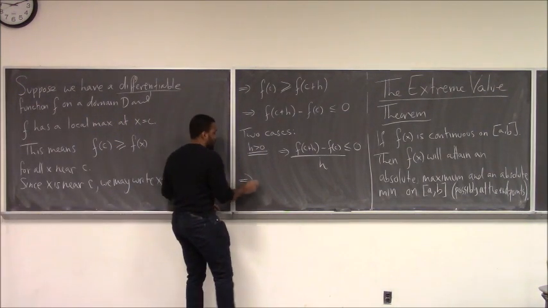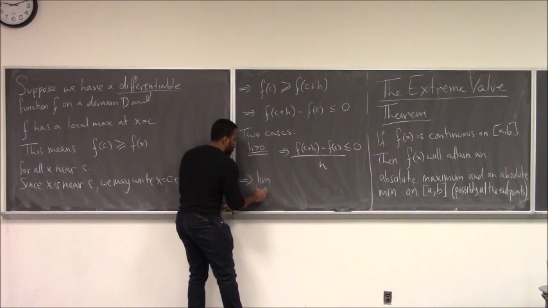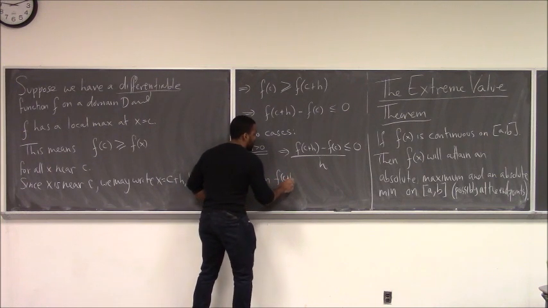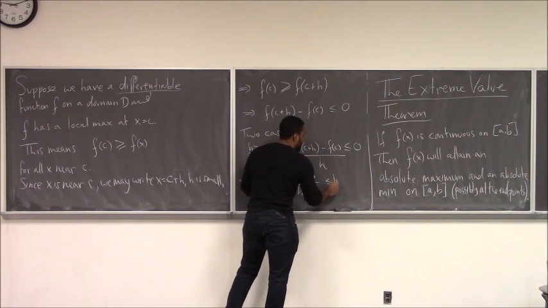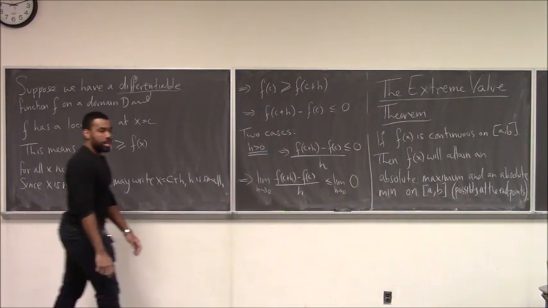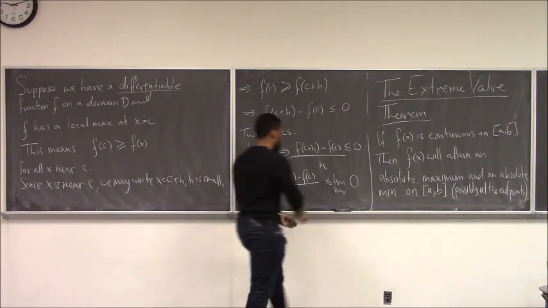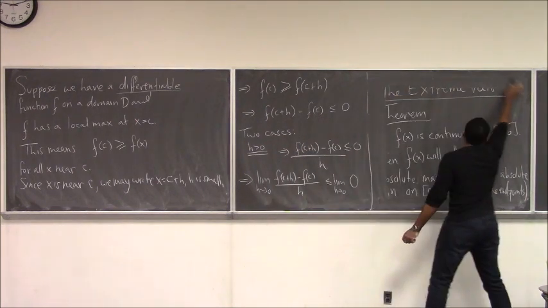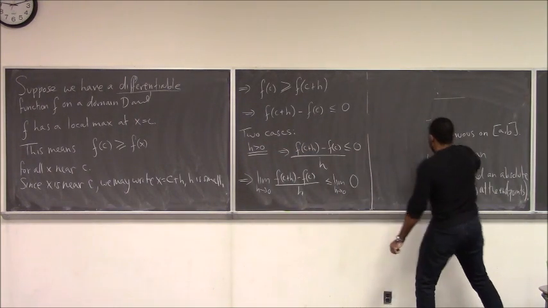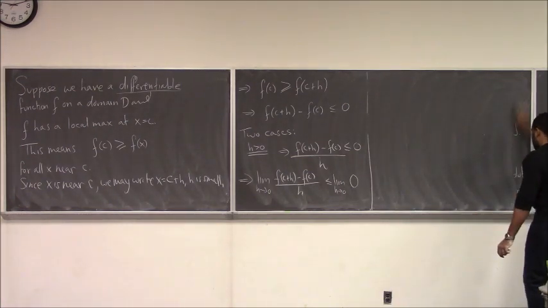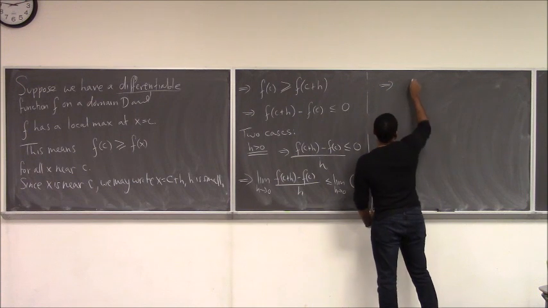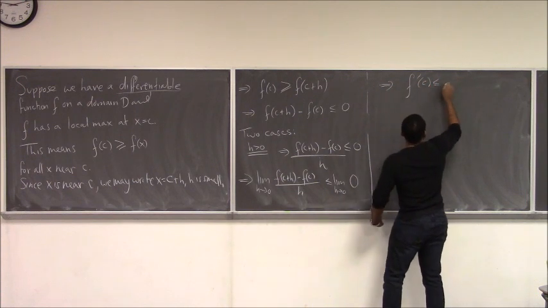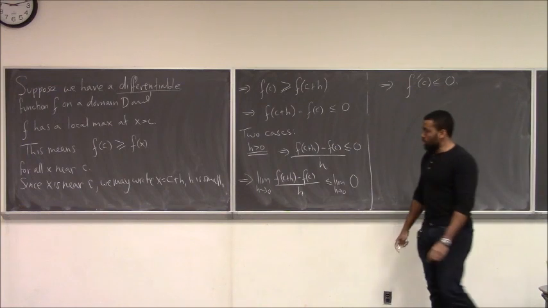And so I can take the limit as h approaches 0 of both sides. And you'll notice that that gives you the derivative evaluated at c. And you'll notice that this would mean, of course, that f prime of c is less than or equal to 0 in this case.